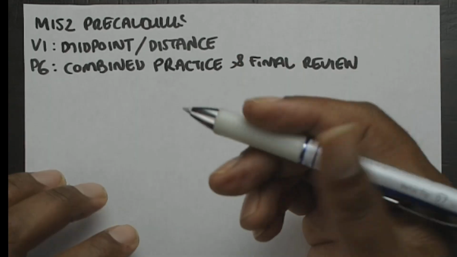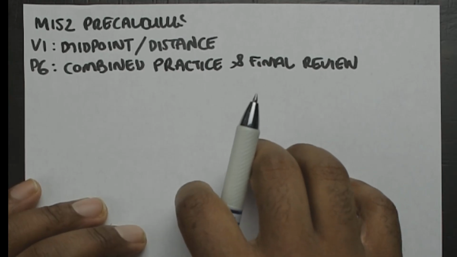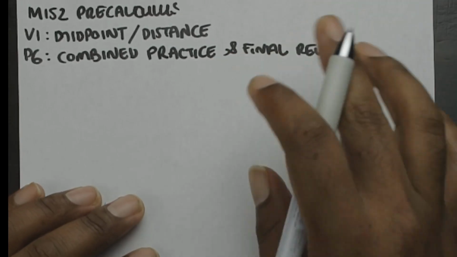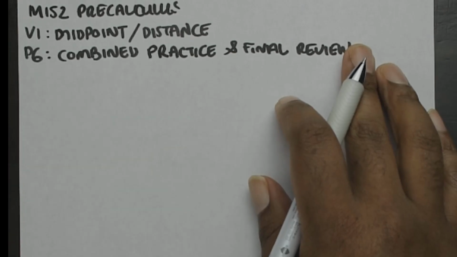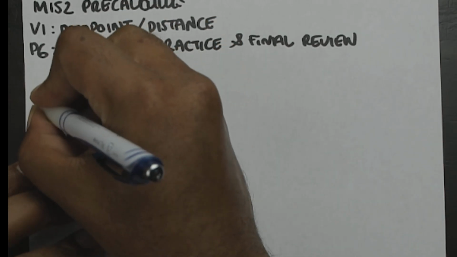In our last few videos, we learned how to find the distance between 2 points and how to find the midpoint between 2 points. Now, let's put both ideas together in one final example. So this example I want to look at is example number 5.